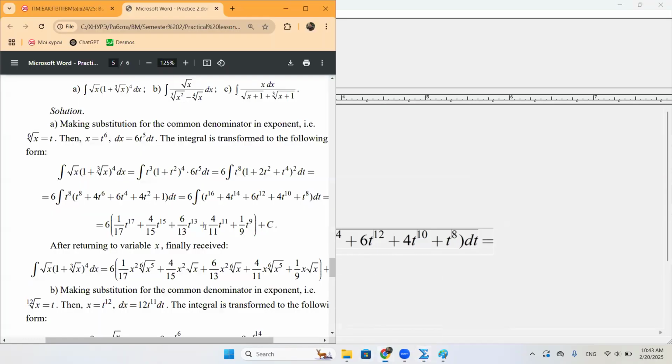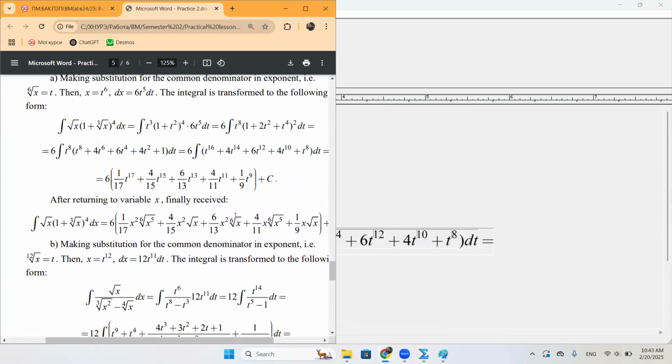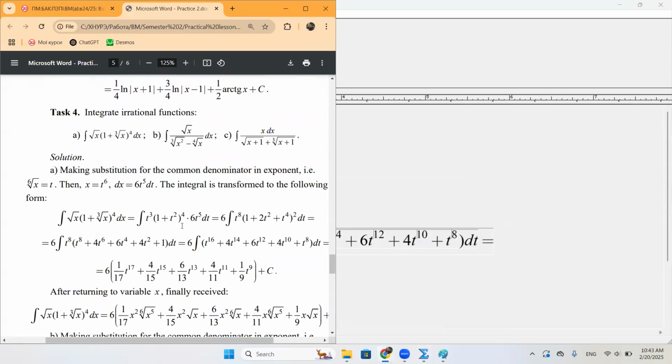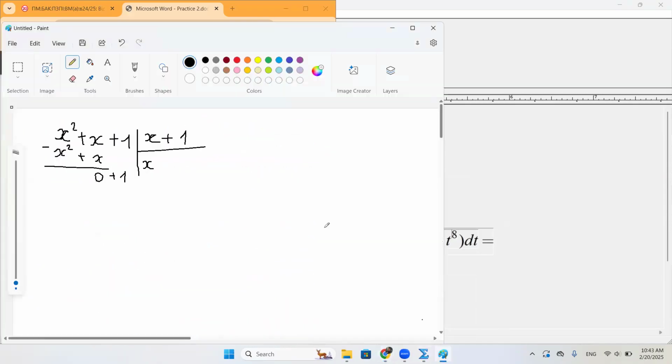For now, I just looked into my materials, but you can do like this: x plus 1 in power of 2 in power of 2. So you can first expand it, then expand again.